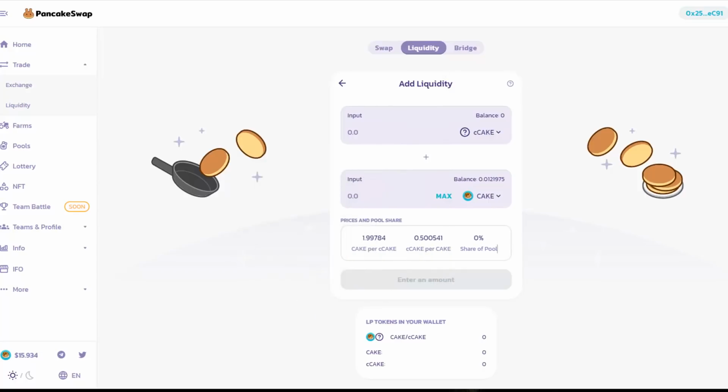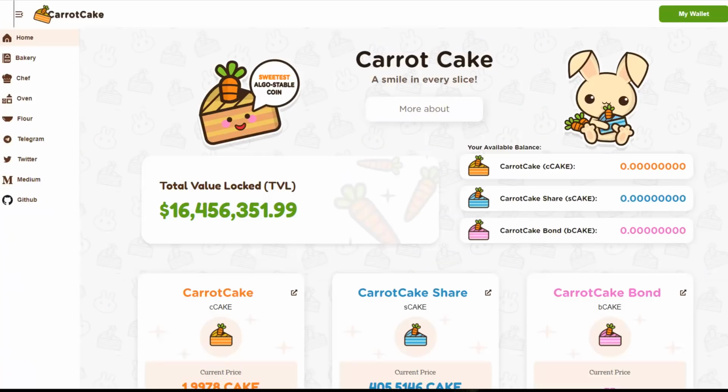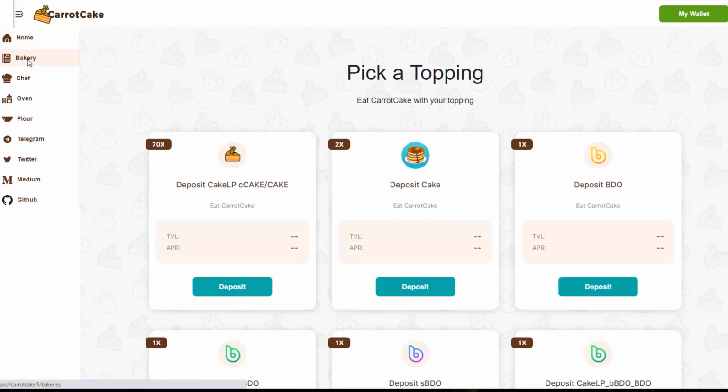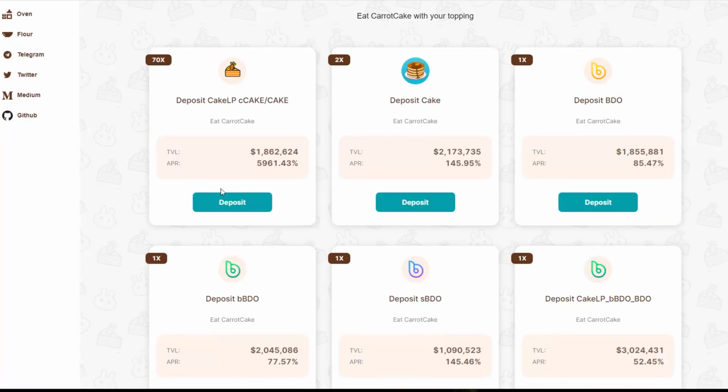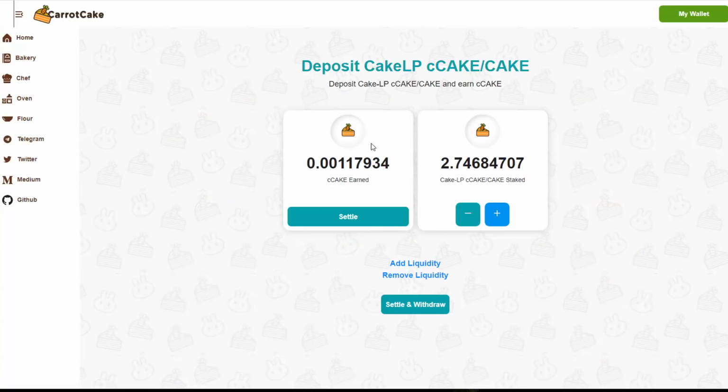Now, obviously, this is just a small amount. You know, I'm just playing with this, and obviously this is going to drop. Okay, this APR is going to drop as more people come in, but I think it's worth the risk, because even though they'll have some impermanent loss, okay, so when you incur impermanent loss is when the pair price changes from when you both came into it and you mashed them together and got your percentage of the pool.